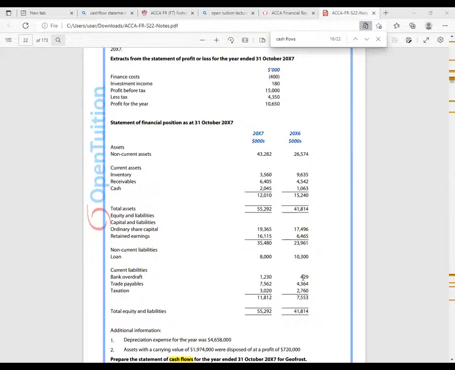Remember in cash flow analysis, we are always interested in the movements. So for tax paid, what I shall do, just a moment.